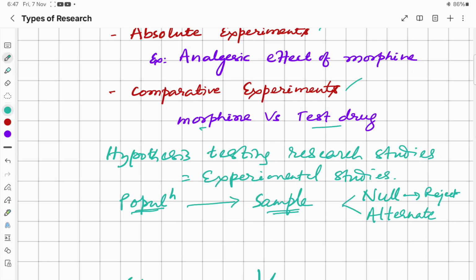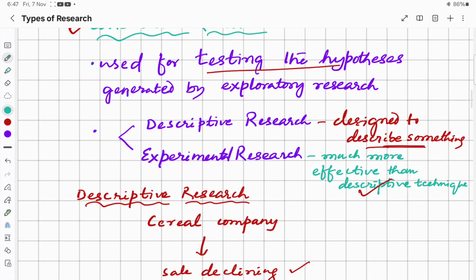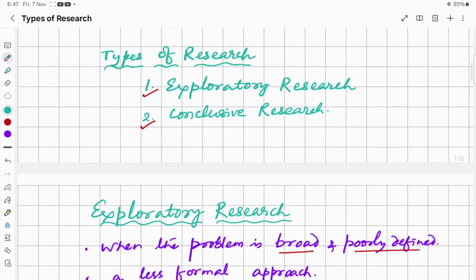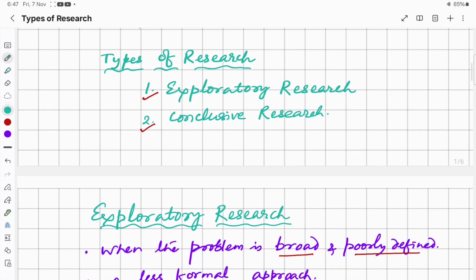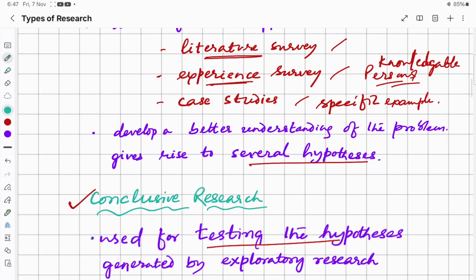We will discuss in detail about hypothesis testing in another class, and for now we can have two types of research. One is exploratory research, second is conclusive research. Exploratory research is initially done to develop several hypotheses.